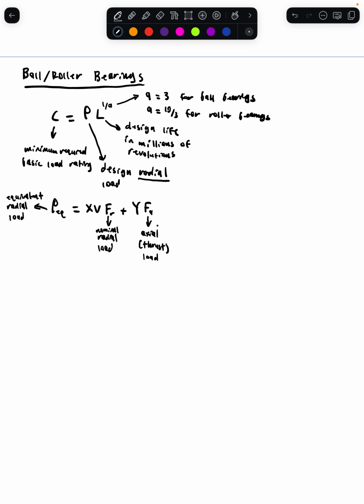And so the two of those combined along with these modifiers give you the equivalent radial load. Okay, so this V here, I don't really know if that has a name, but V will equal 1 if the inner ring is spinning. And V will be 1.2 if the outer ring is spinning.